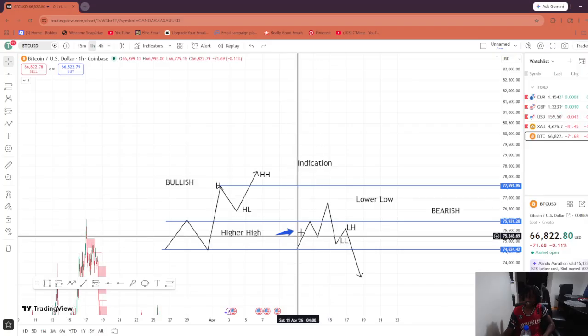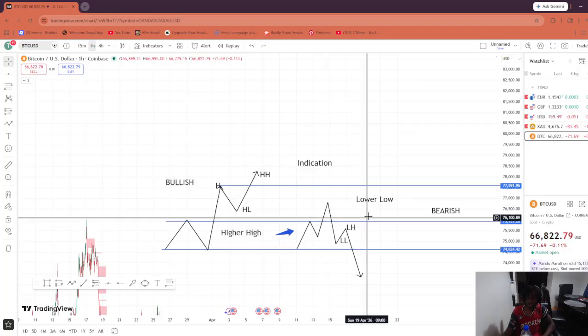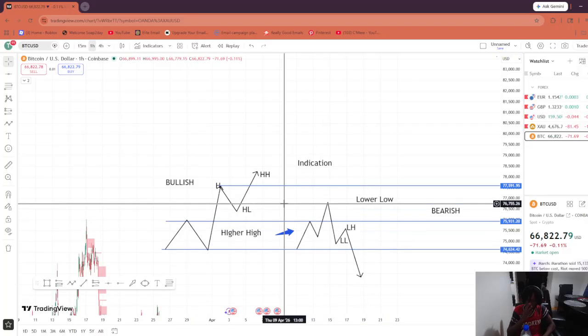Remember, we do not trade in our indication zones. Why? Because it doesn't tell us where we want to go. You literally just blow your account, or maybe you could win a few shorts, but you don't want to be playing the guessing game. You just want a little bit of confirmation to know how you want price to move. So that's indication.